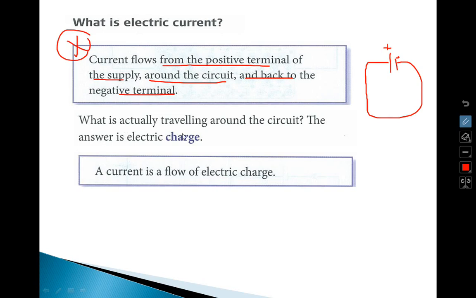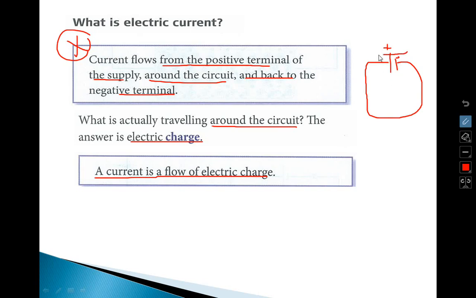So what is actually traveling around the circuit? The answer is electric charge. So what's the current? A current is the flow of electric charge through the circuit, as we will see later in the next slides.